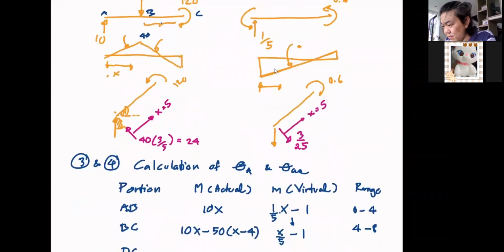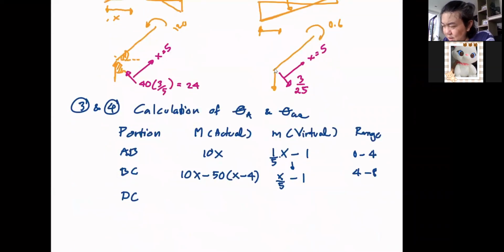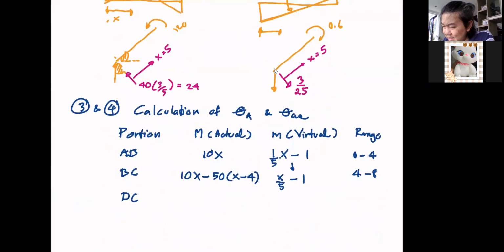Okay, so because this one is, if I was inside here looking at this direction, this one will get me negative moment. So it becomes minus 24x. Okay, but then that means this one will give me the positive moment of 3x over 25. And the range of the member is 0 to 5.